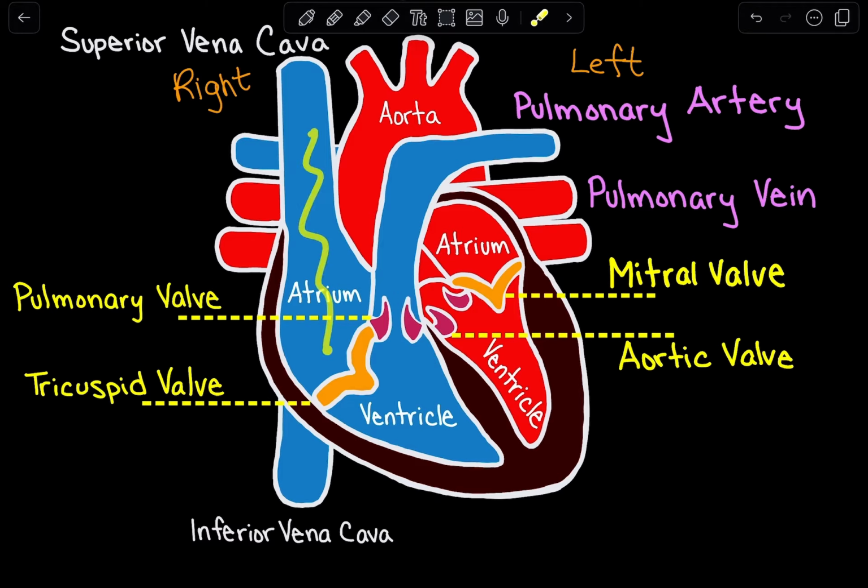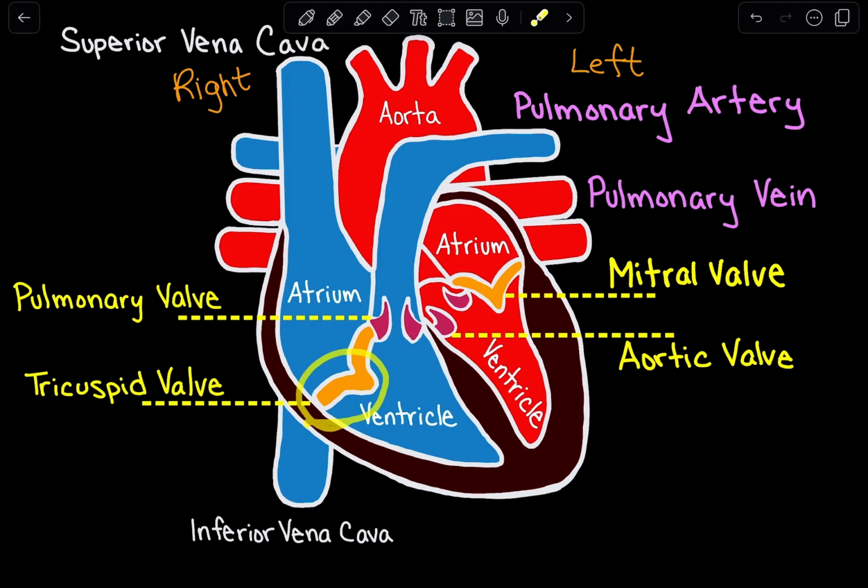Now, we have this deoxygenated blood, and it's going to go from the right atrium to the right ventricle, and in order to get to the right ventricle, it has to pass through this valve. This valve is called the tricuspid valve. Essentially the whole purpose of these various valves is to control blood flow and to prevent any backflow.